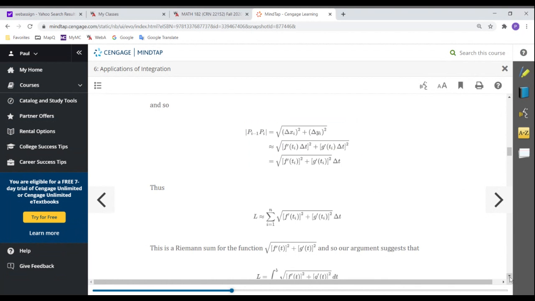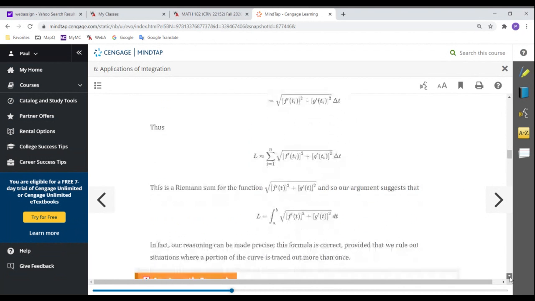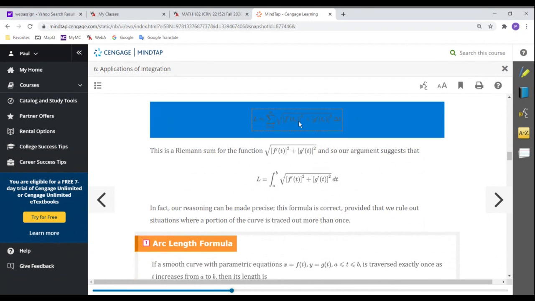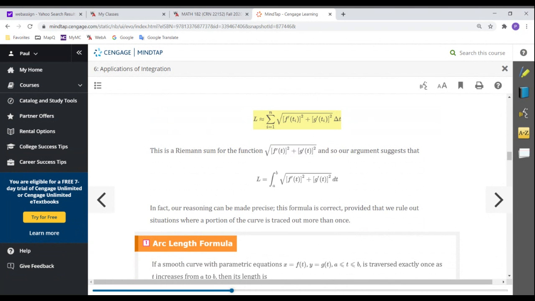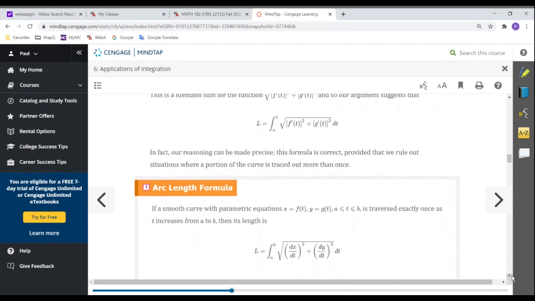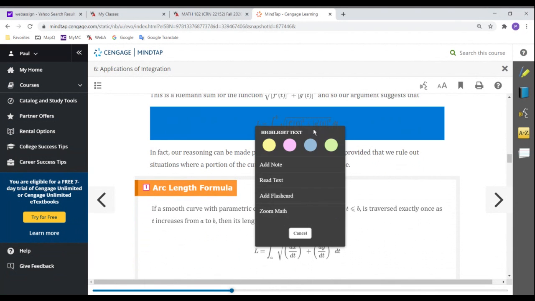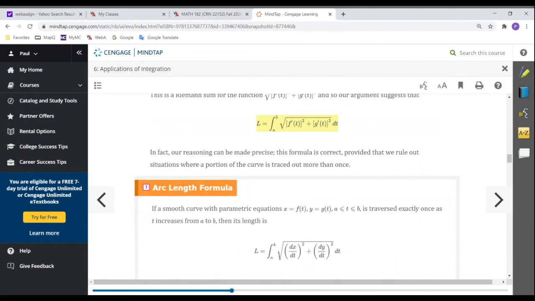So now the length of your arc is the sum where i goes from 1 to n of the square root of f prime of t sub i squared plus g prime of t sub i squared, times delta t. Of course, if you let n go to infinity, the sum will become the integral. And so now you have this integral formula.